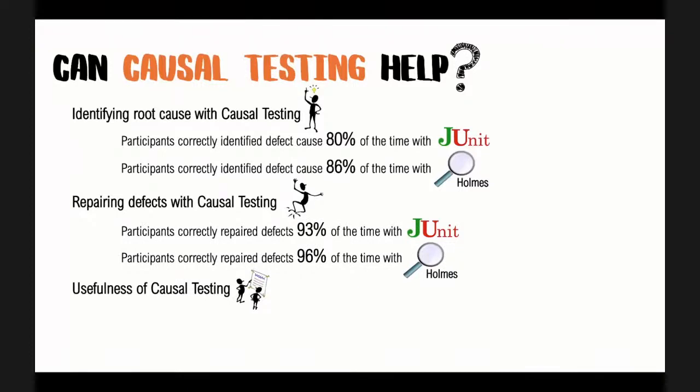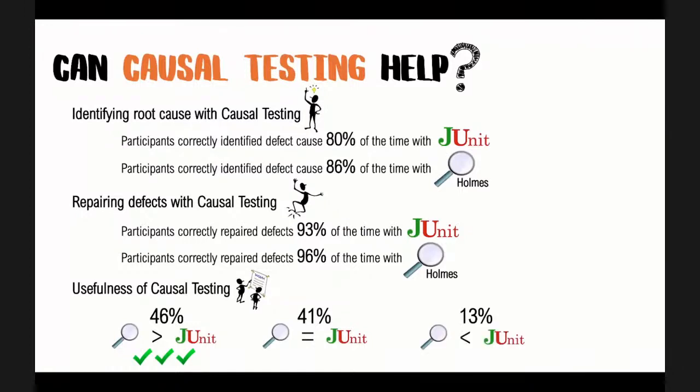Now, since most Java programmers use JUnit, our goal with causal testing is not to make JUnit obsolete, but to complement JUnit and provide different useful information. And we do, which is fantastic. This is further supported by our usefulness findings, which show that the majority of participants either found Holmes more useful than JUnit, citing the similar passing test as the most helpful, or equally as useful as JUnit.